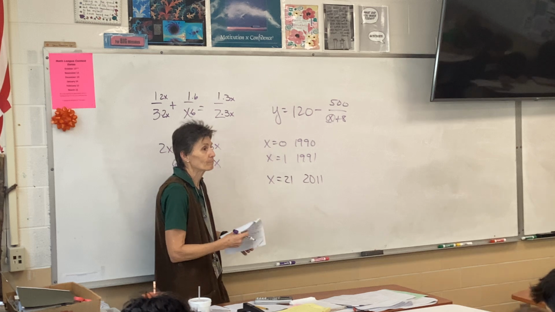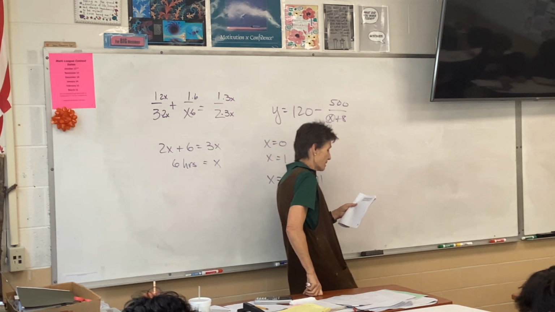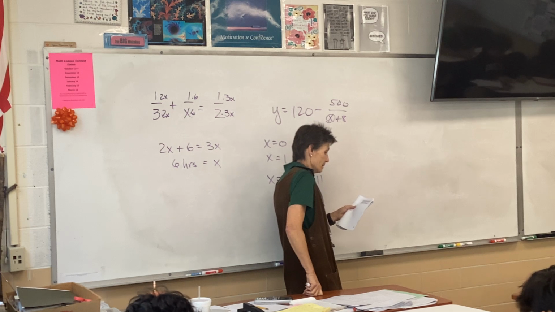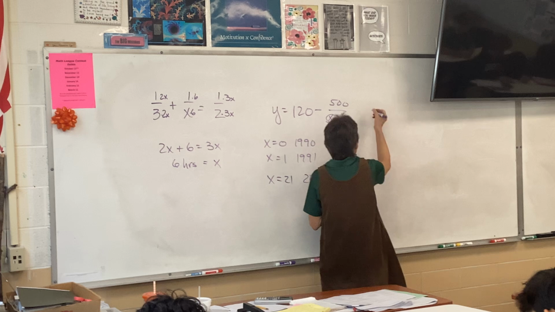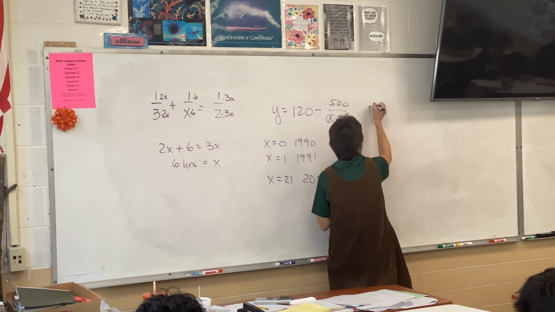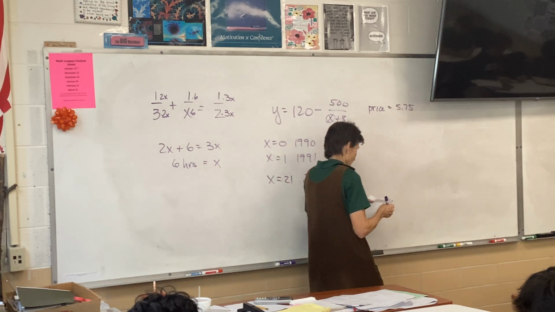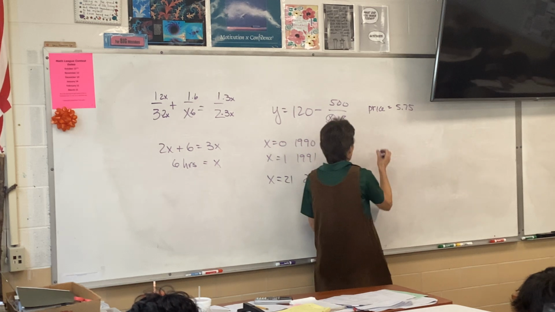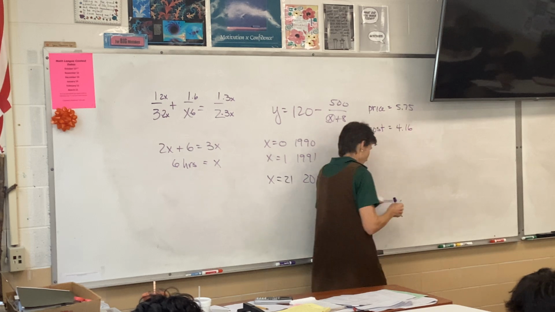Everybody okay? All right, Pat sells soccer socks. He needs to sell them for $5.75. So, the price is $5.75. It costs him $4.16 to produce.